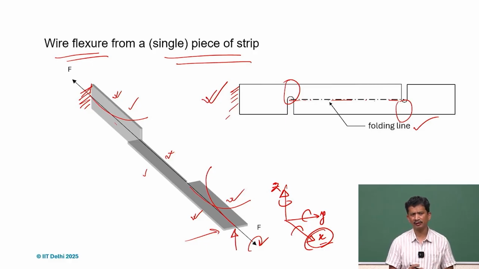So it will be much better than a wire flexure, and it's easy to manufacture also, because we can take any sheet metal and just stamp it and fold it, and then we can easily either weld it or clamp it. So we have area to work with, and it's definitely easier fabrication wise and assembly wise.